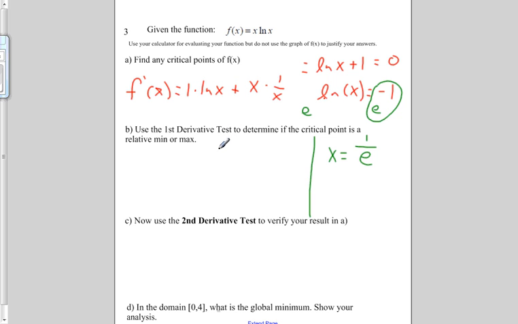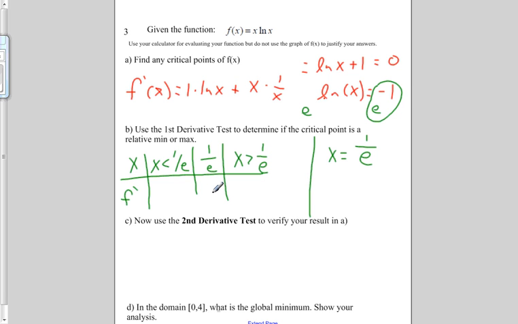And this says, use the first derivative test to determine if the critical point is a relative max or a relative min. So here's my x value, here's my derivative. For x less than 1 over e, then x equals 1 over e, and for x greater than 1 over e.